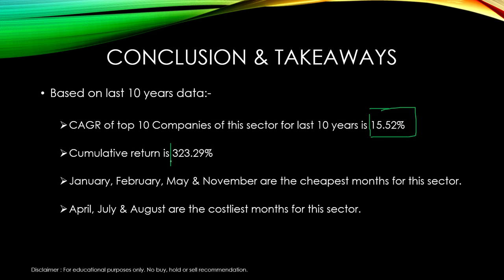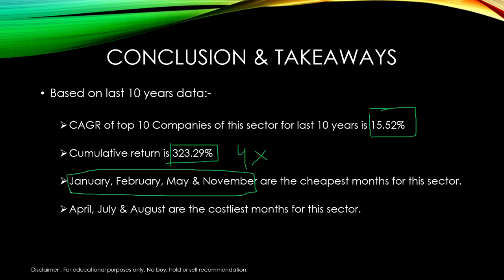Cumulative returns over the last 10 years, 323, so more than 4x. Again, not that impressive as compared to other sectors. January, February, May, and November are the cheapest months for this sector, whereas April, July, and August are the costliest month for this sector.